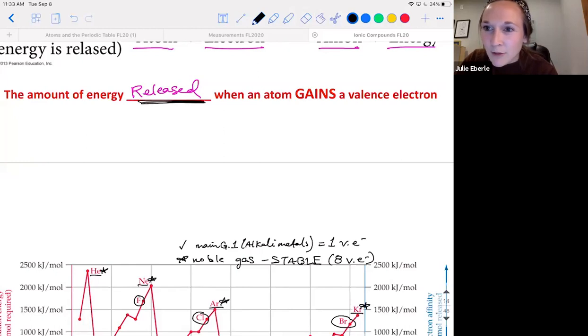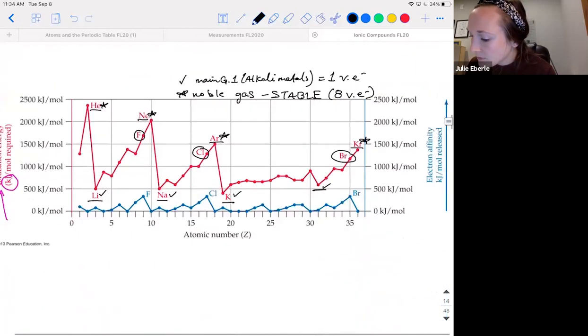My husband's grandma's over there feeding her cookies after she already had a cookie after her lunch. And I said, Nana, no more sugar, right? Because why? She's not going to be very stable. She's going to be hyped up on sugar. When you release energy, you're more stable, okay? When you invest energy, you're less stable. So it makes sense here as we're releasing energy, these atoms, they're becoming more stable, all right?